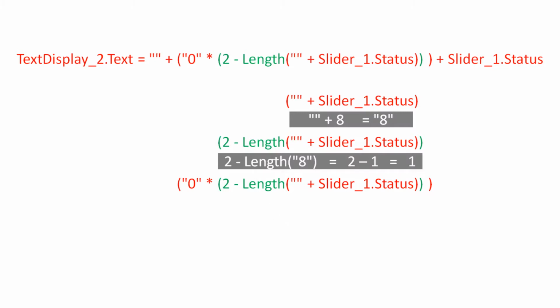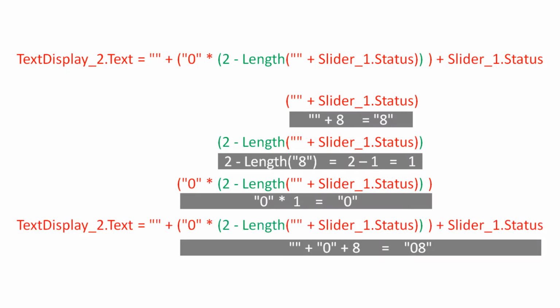Okay? So then we go further outside of that, and now we're taking the length of that character 8, and then we're adding on a 0 to it. So now we have the 0 times the length of the character 8, which would be 1, so 0 times 1 gives you 1 character 0.